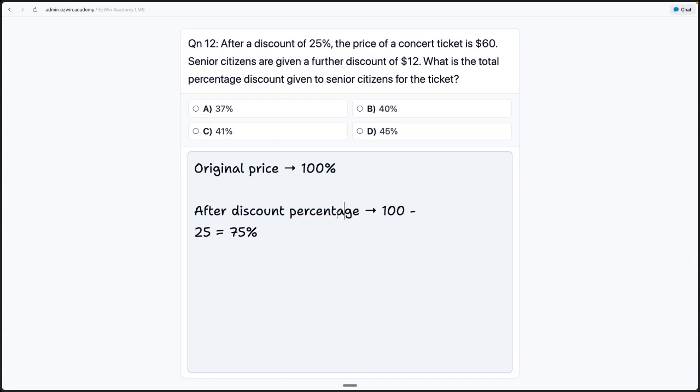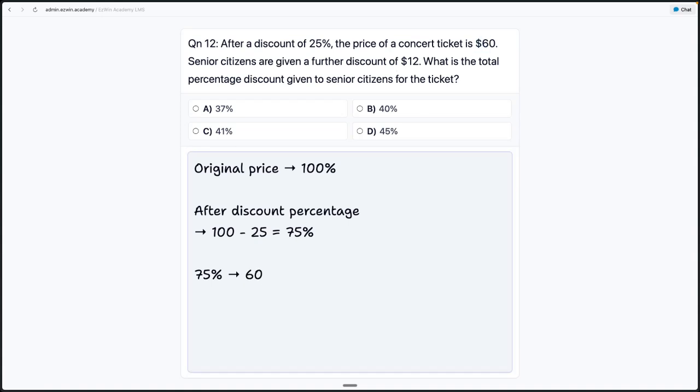Okay, so we get the 75%, and that means 75% is equal to, after 25% discount, the price of the concert ticket, which is $60.